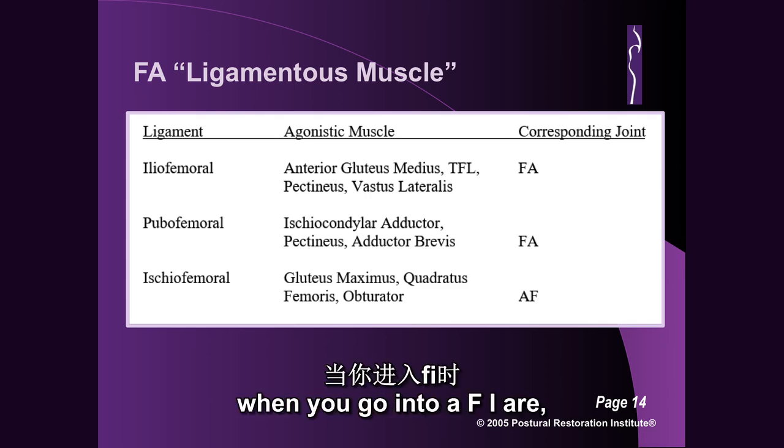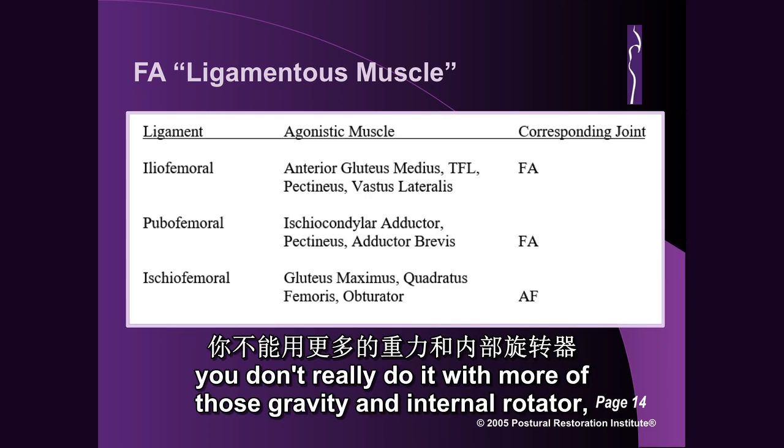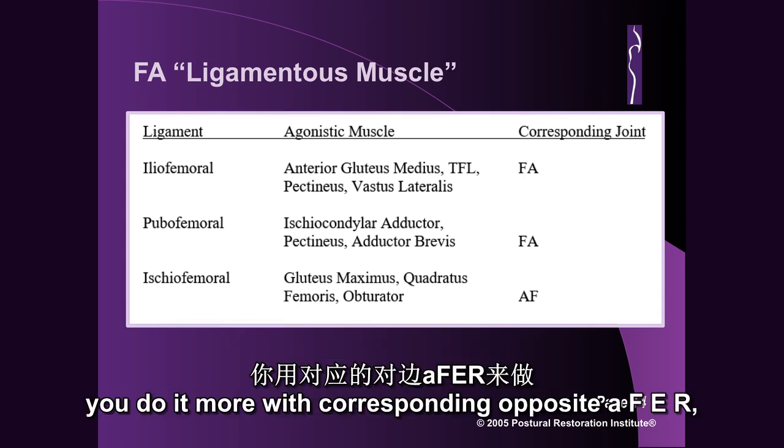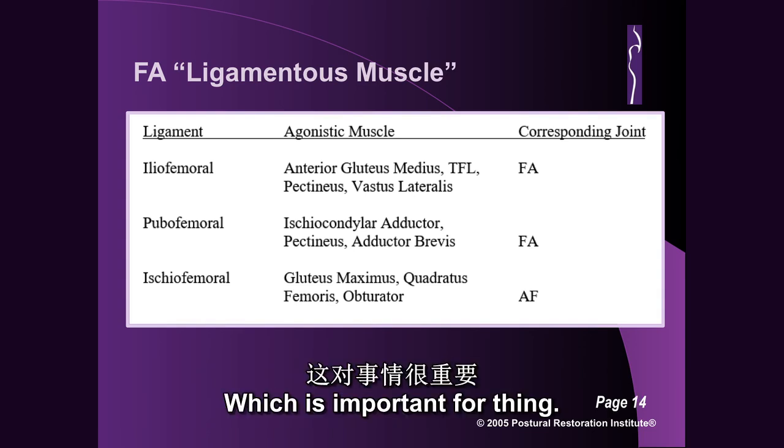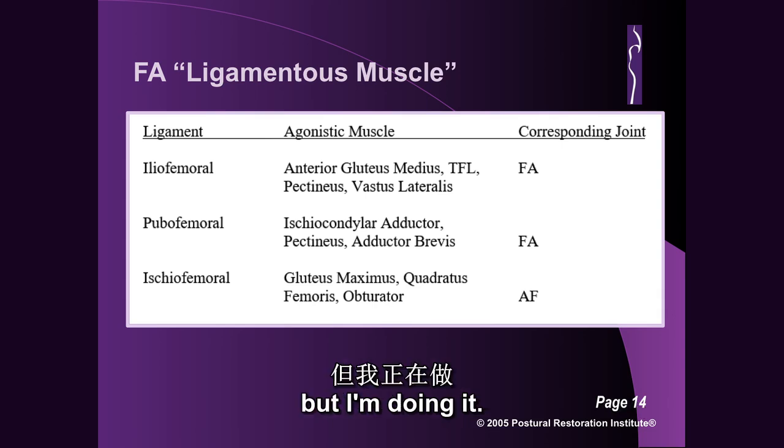Then when you go into AFIR, you don't really do it with more of those gravity and internal rotators. You do it more with corresponding opposite AFER, which is what you circled, which is an important thing, and I'm not sure the other speakers do this, but I'm doing it.